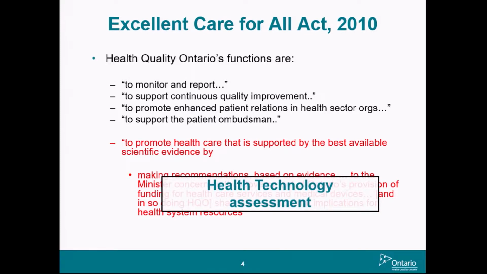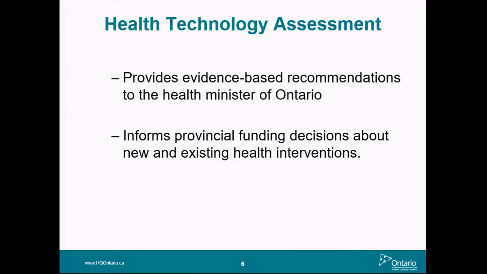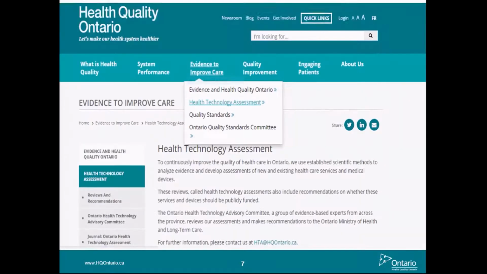So this is basically the health technology assessment. What a health technology assessment at HQO does is it provides evidence-based recommendations of new interventions or health technologies to the Health Minister of Ontario, as well as it informs the provincial funding decisions about the new as well as the existing health interventions.